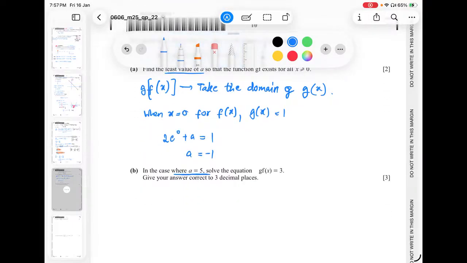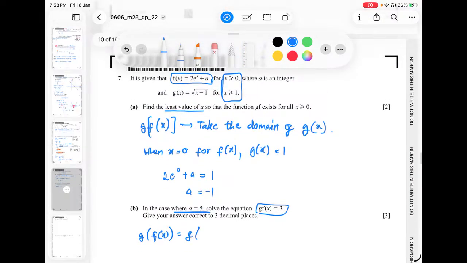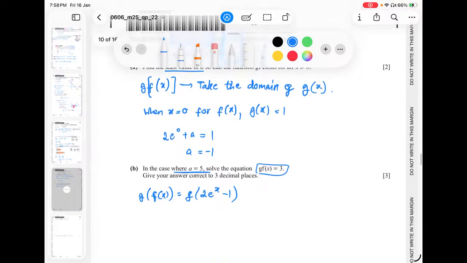In the case where a is equal to 5, solve the equation. Give your answer in 3 decimal places. So this is pretty straightforward. You need to just find gf(x). So that's going to be g(2e^x + a).